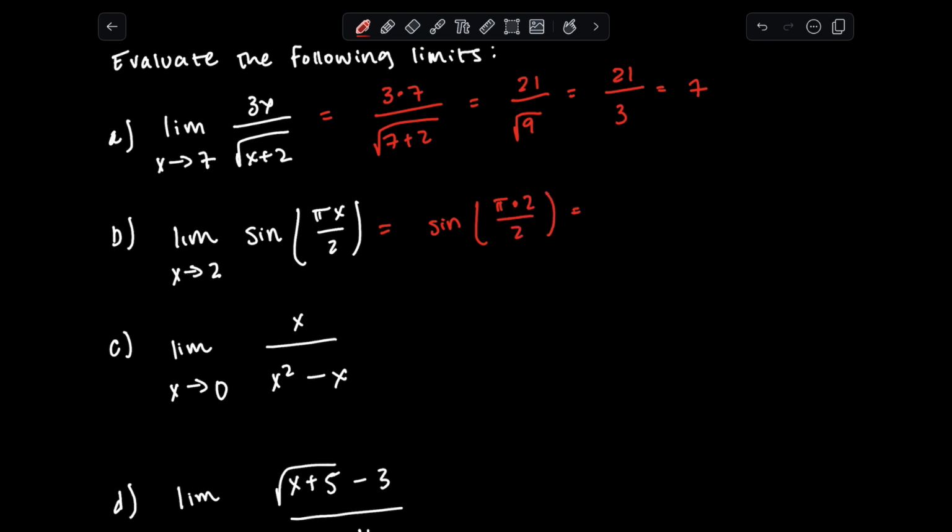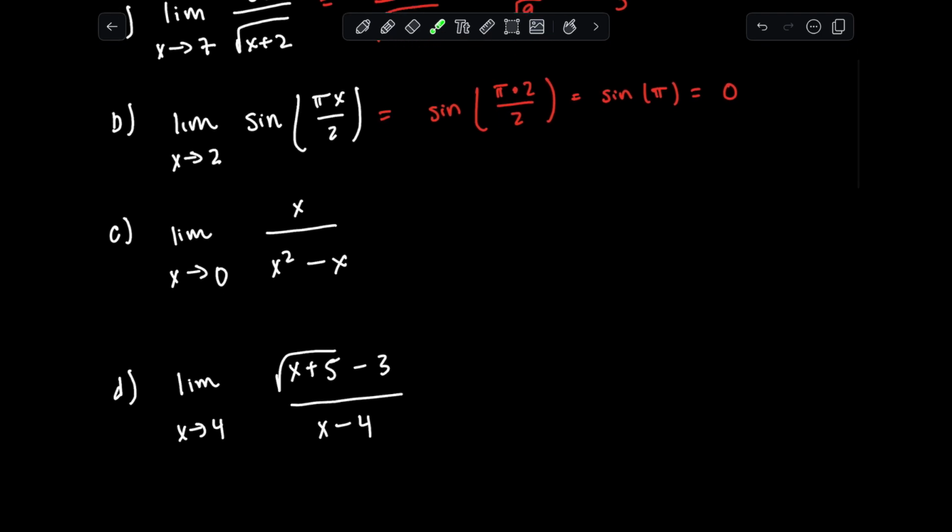Using algebra to simplify the argument, we have sine of pi. According to the unit circle, sine of pi is just 0. And so the limit of this expression as x approaches 2 is 0.